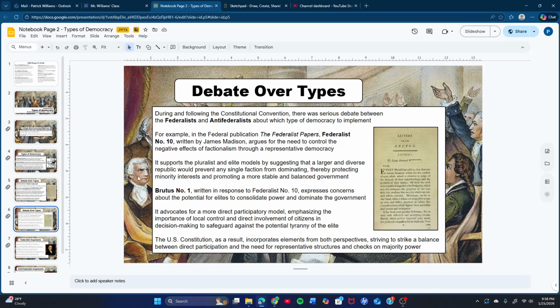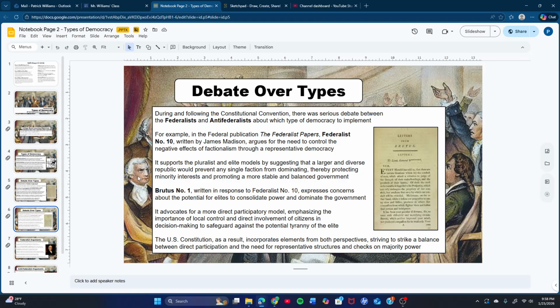When you do read Federalist 10, and don't worry, we will read Federalist 10 together, you've got to know the key arguments, right? From where it came from. So Madison says, look, people form factions. That's human nature. In a small direct democracy, one faction can take over and oppress the minority.